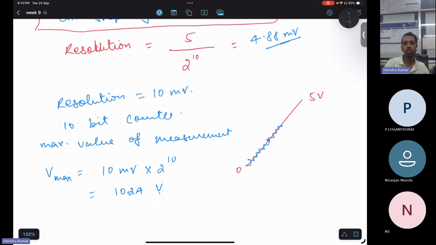It is just like comparing each value in each resolution. If you have a resolution of 10 millivolt and you keep adding 10 millivolt, 1024 times, then you get your input value.